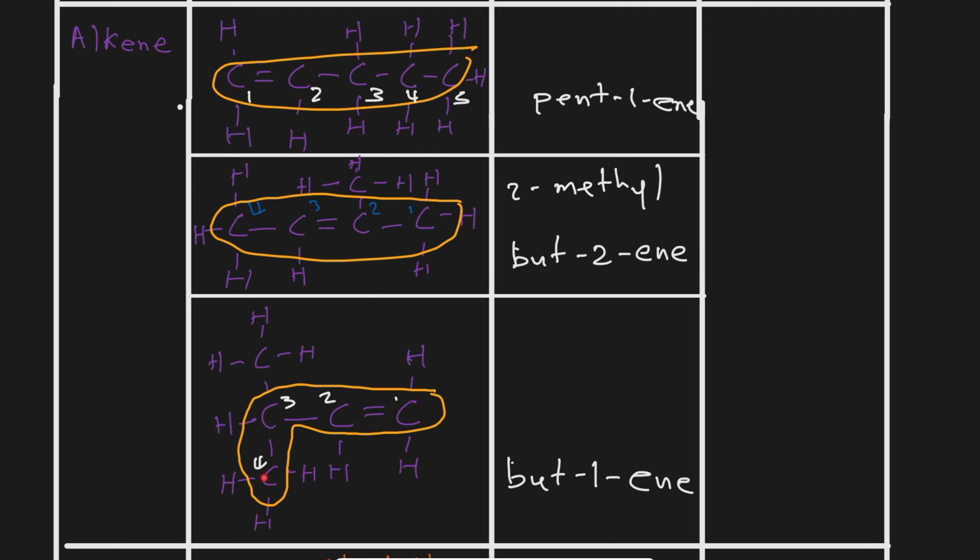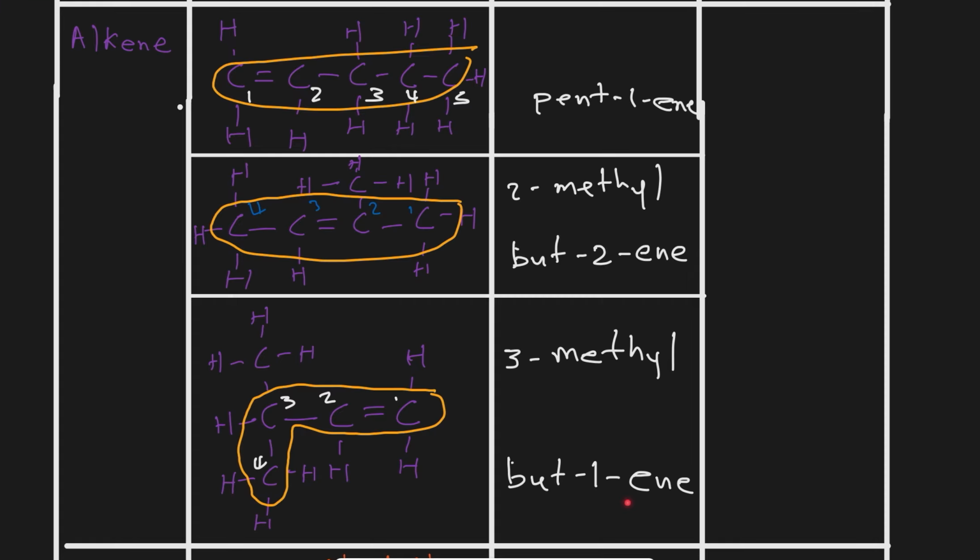So this branch is on carbon number 3 of the main chain. That branch has 1 carbon, so that is going to be a methyl. So the name of this organic molecule is going to be 3-methylbut-1-ene.